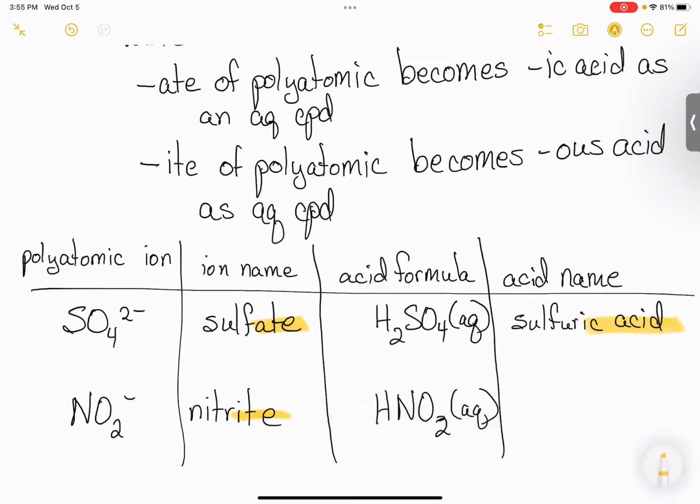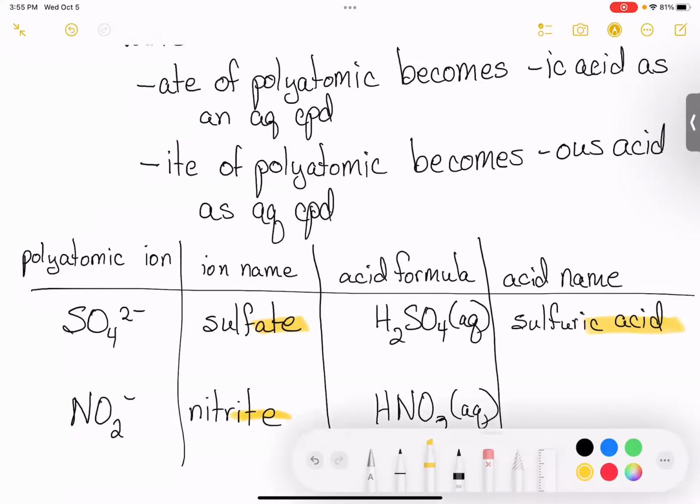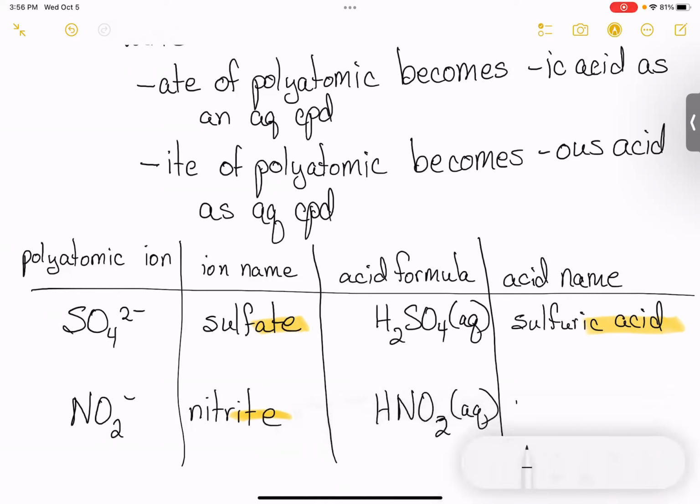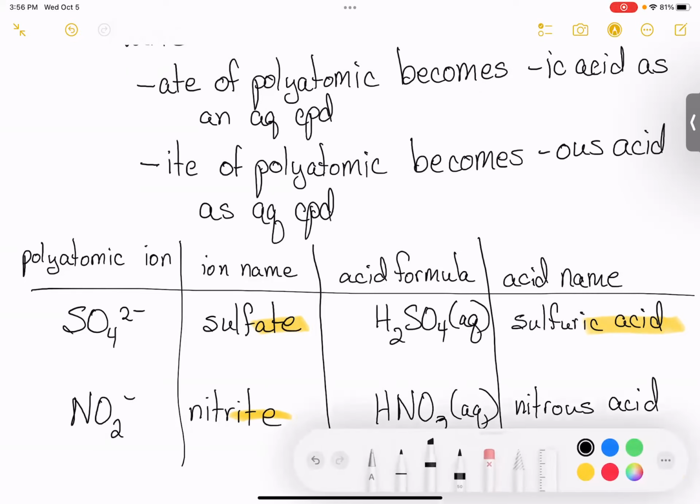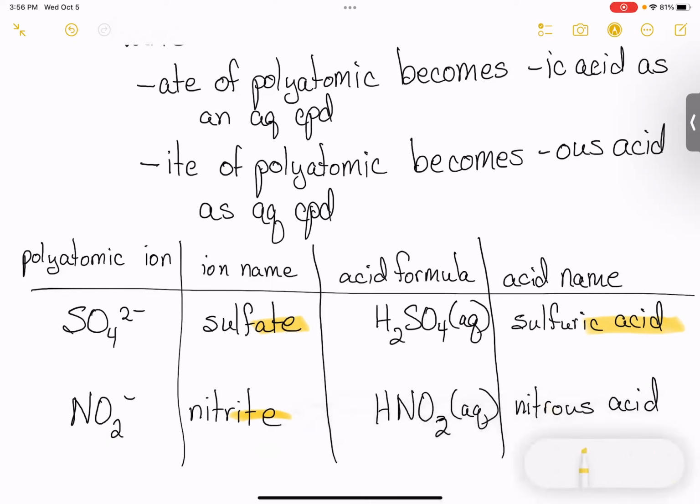Because it ends in ite, we're going to change that, and it becomes nitrous acid. Folks, if you don't know your polyatomic ions, it's going to come to haunt you.